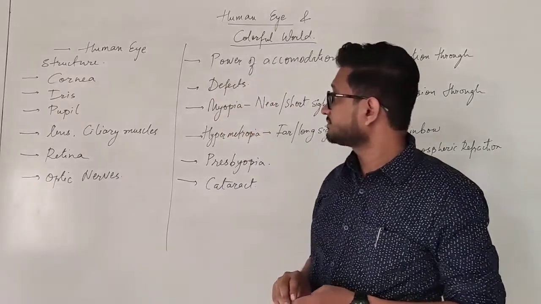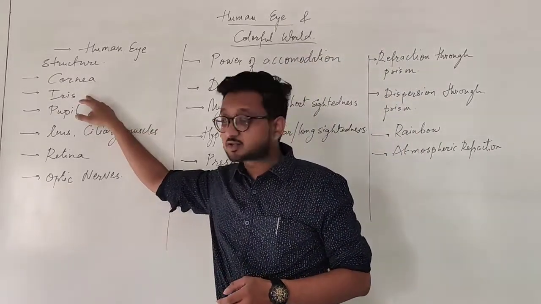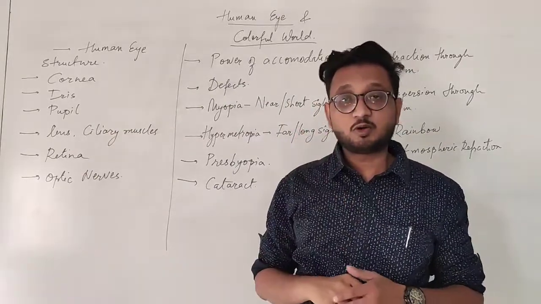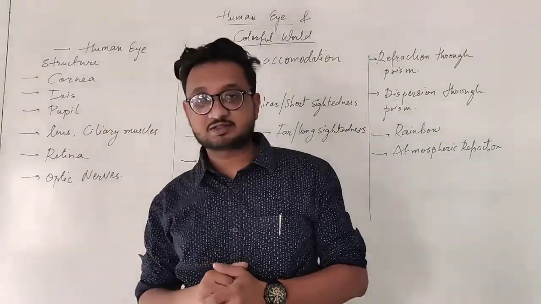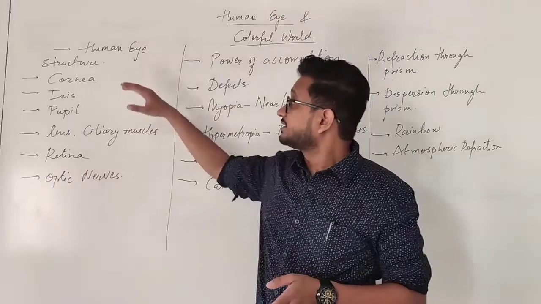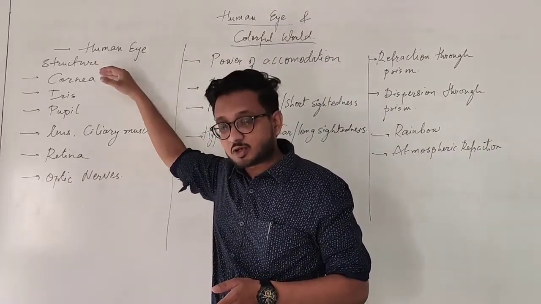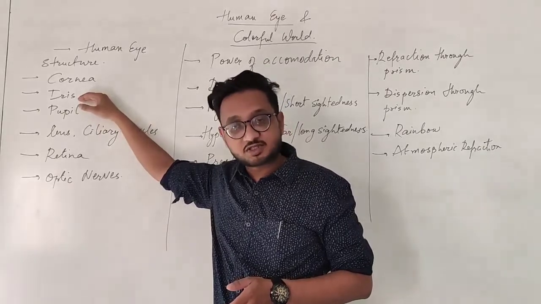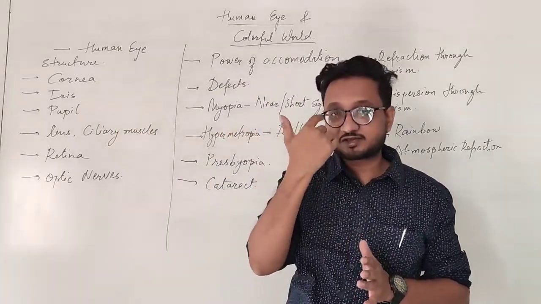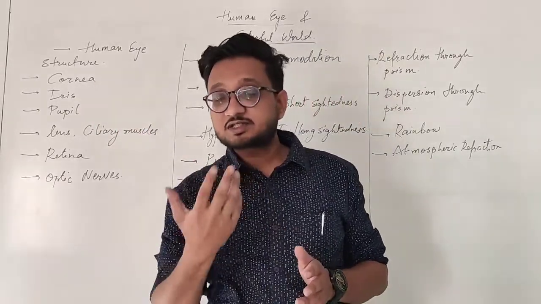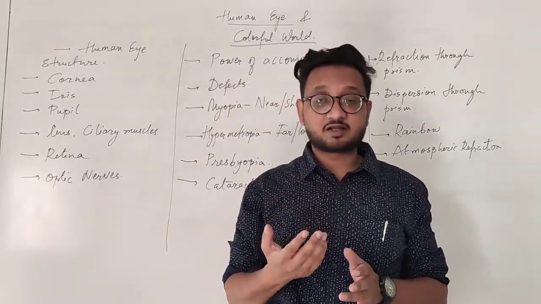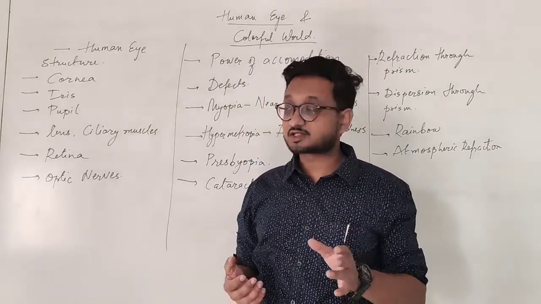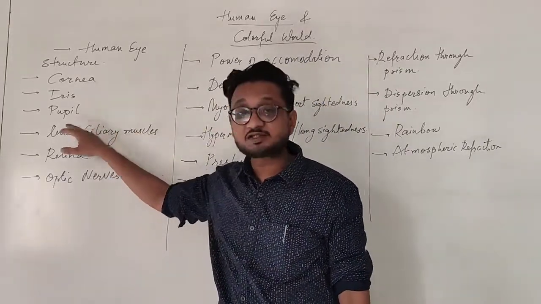Okay. Now iris obviously controls the size of pupil. What is pupil? Pupil is a small hole in the center of iris. So first of all, light enters through cornea, then it falls on iris. Iris is the muscular structure in the front part of our human eye, which gives our eyes the color they have. Okay, but the important part is that it is a muscular structure and it controls the size of pupil.